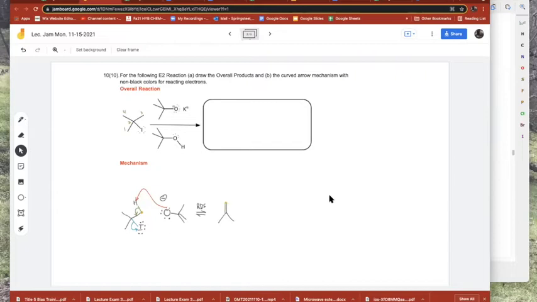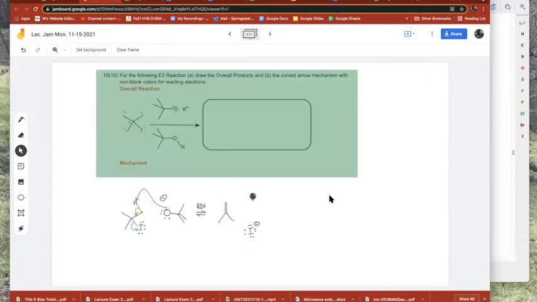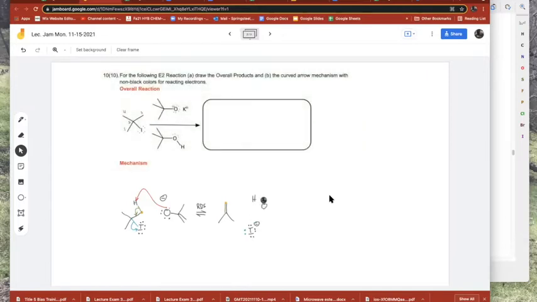And then my iodide came off. And this is t-butanol, tertiary butanol. We'll use that a lot for these things.